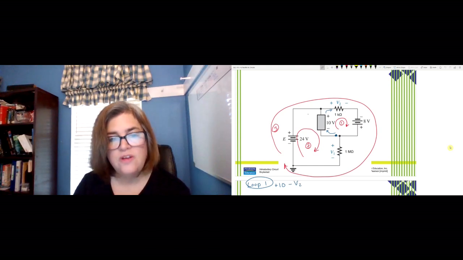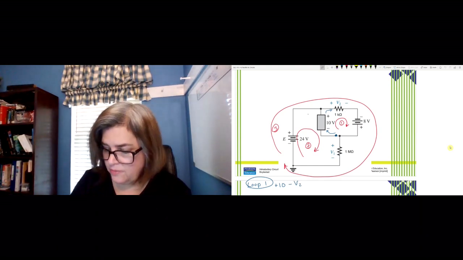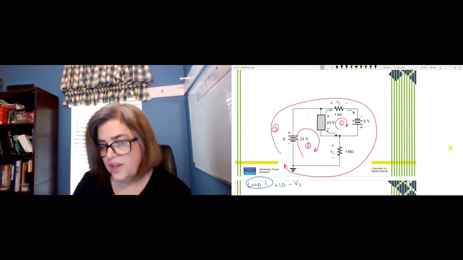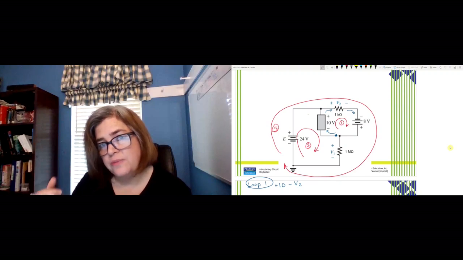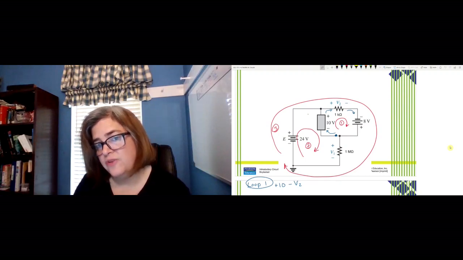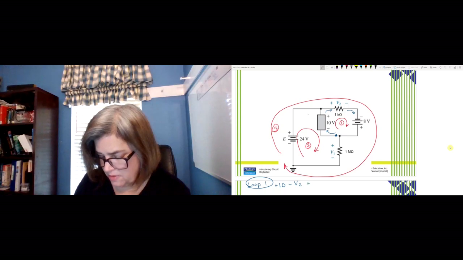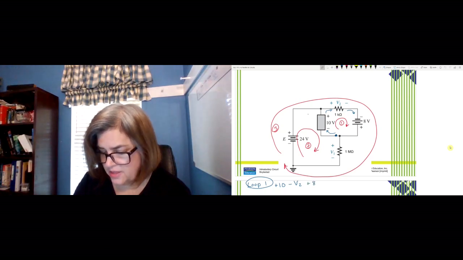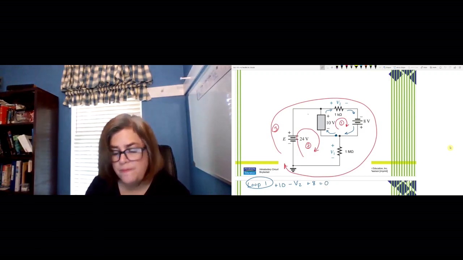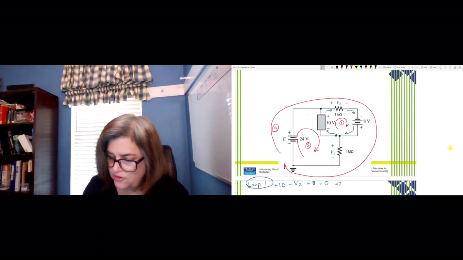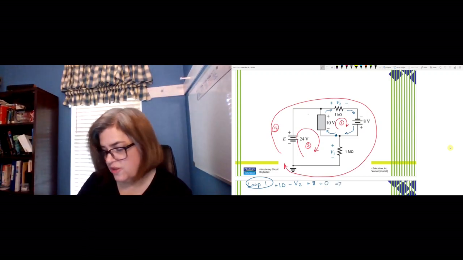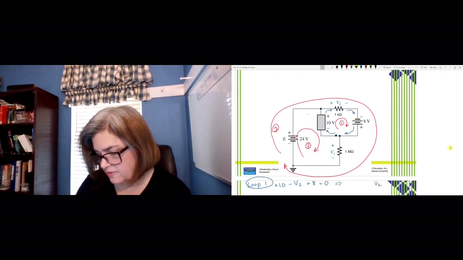That's an unknown voltage there. And then when we get to our next voltage, we see that that's going from minus to plus, again in that clockwise direction. So that's going to be another plus 8. And then we get back to where we started, so we have to set that equal to 0. When we solve for V2 and move V2 to the other side, it becomes positive, and V2 has to be 18 volts.